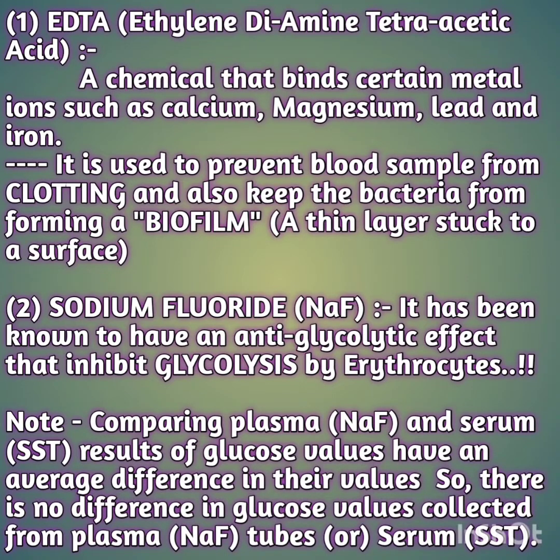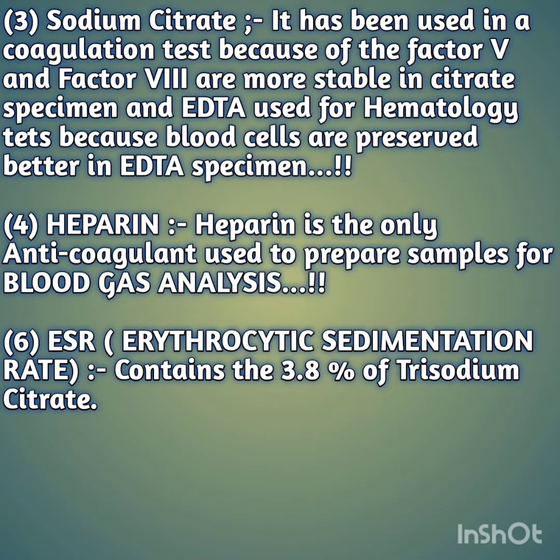Okay, now that is sodium citrate. Sodium citrate is used in coagulation tests because factor 5 and factor 8 are more stable in citrate specimens, and EDTA is used for hematology tests because cells are preserved better in EDTA specimens. So for sodium citrate, we use it especially for coagulation studies, for PT and APTT.